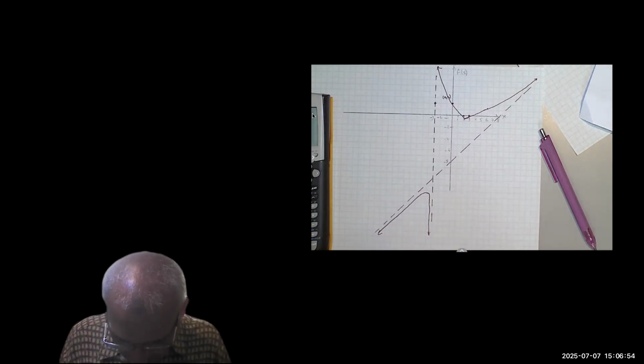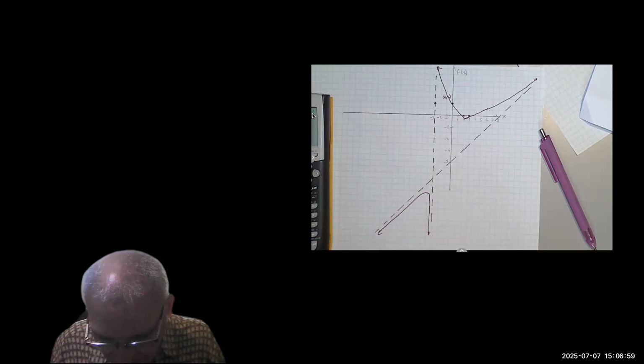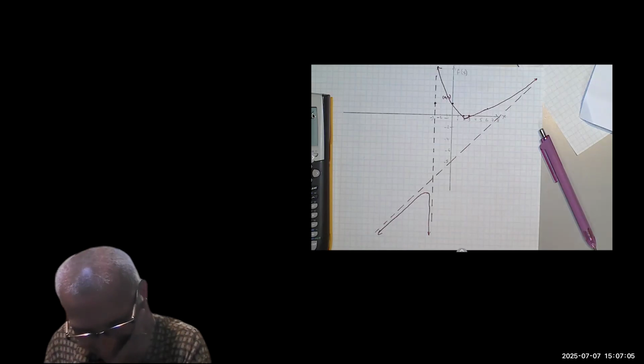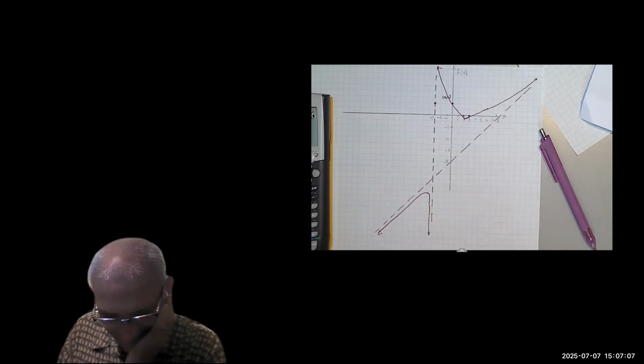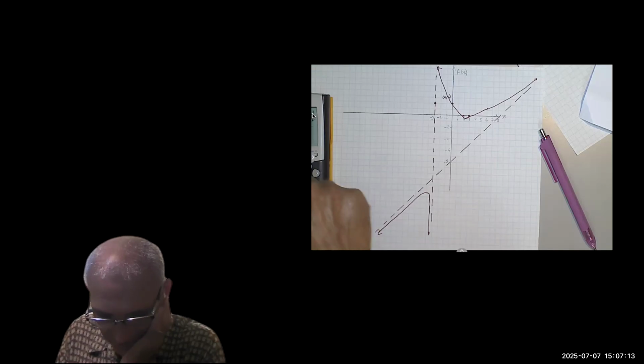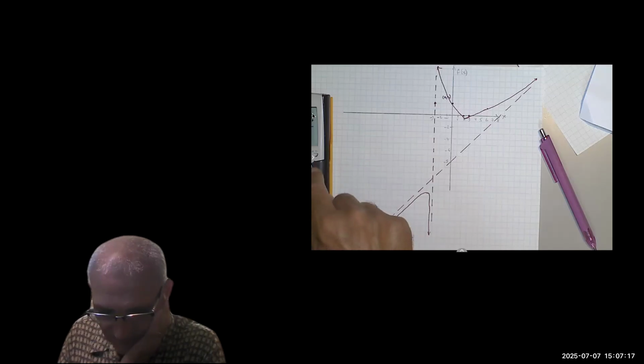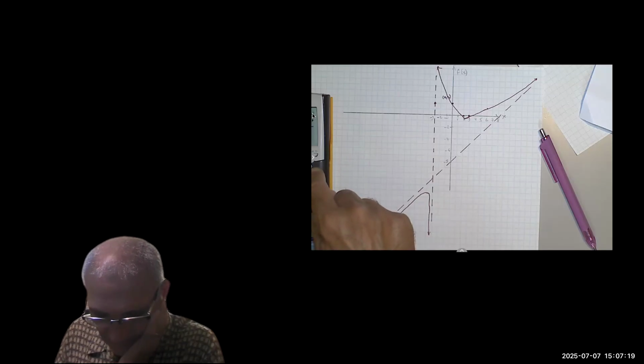So maybe negative 25 and see if that would show it. I'm doing something wrong. Why is it not showing here? That doesn't make sense. Let me see the equation. I wrote x squared minus 5x plus 6 over x plus 3.